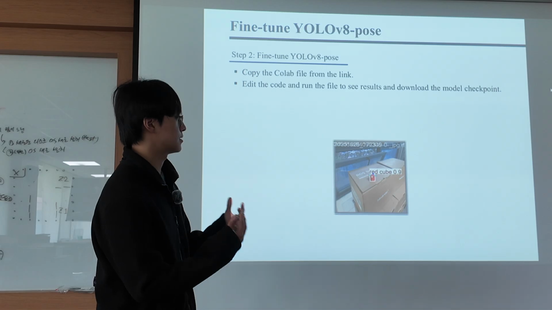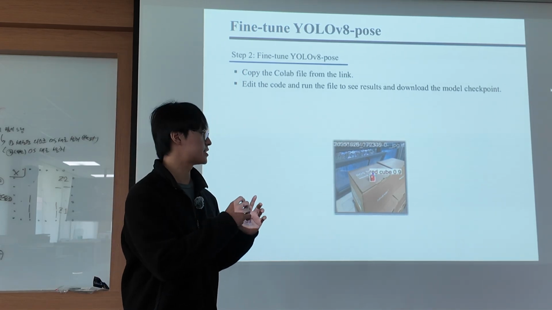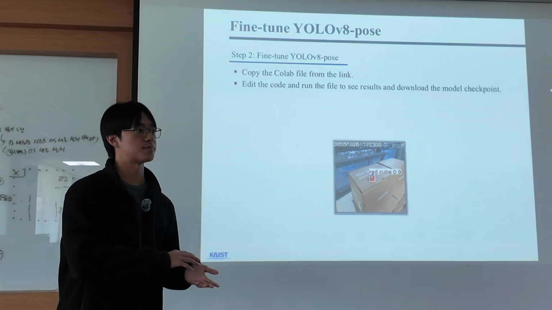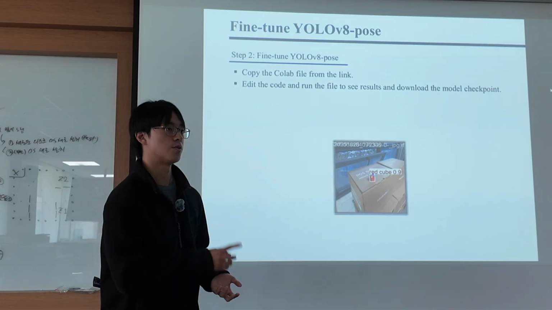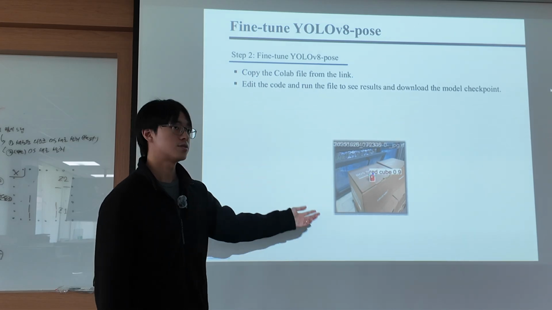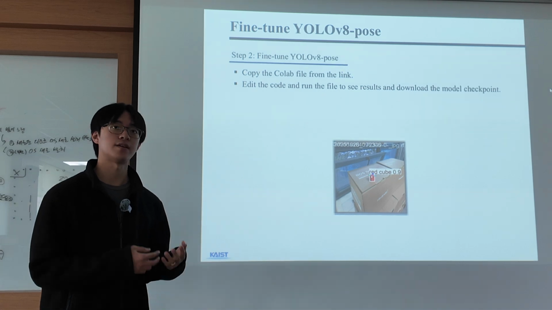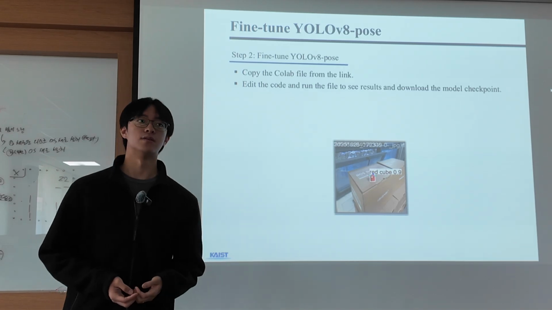You need to collect your own dataset for each cube, more than 100 images per color of cube, and you should train this model. To do that, you should fine-tune some hyperparameters to make the model work.